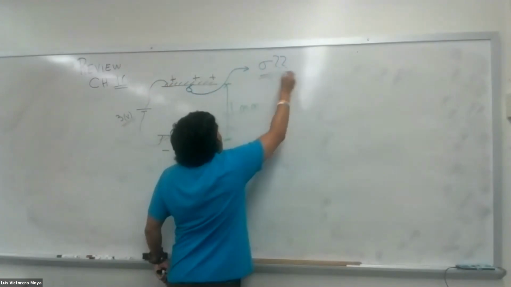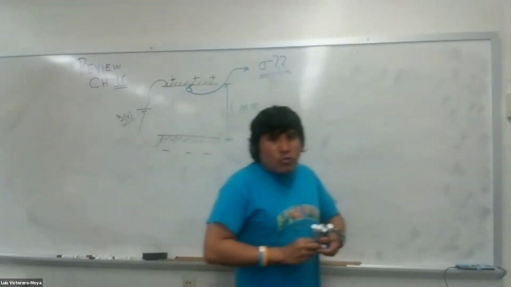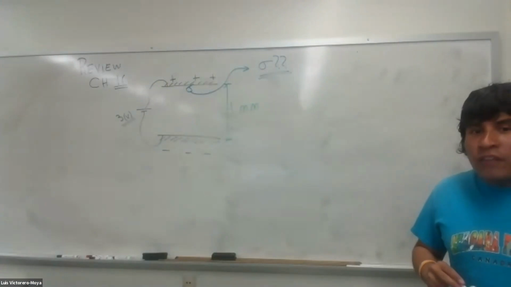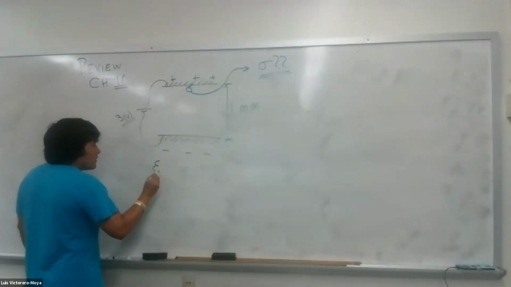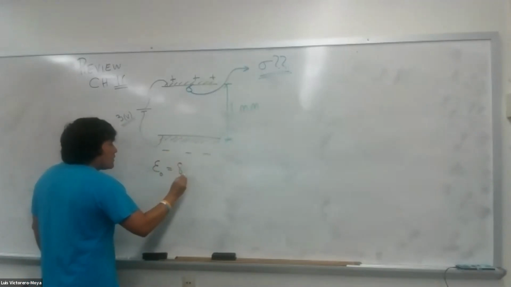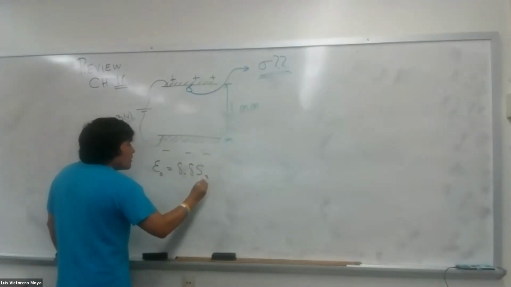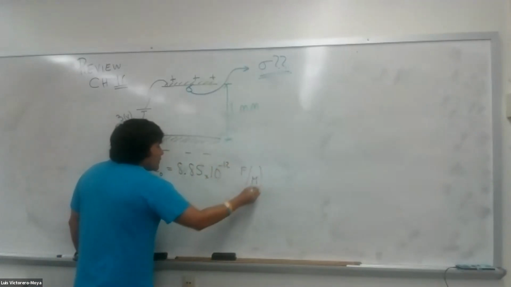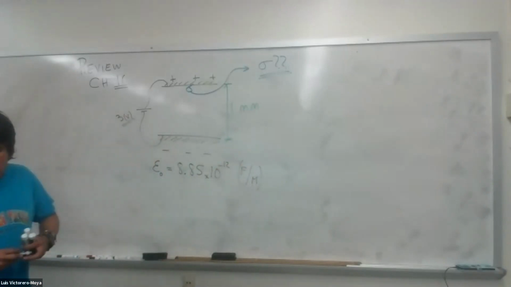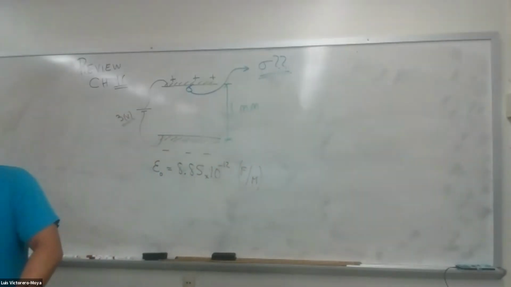We talked about that yesterday, right? How do you find the magnitude of the surface charge density? And then they also give you E naught. So E naught is 8.85 times 10 to the negative 12 farads per meter. How will you do that question like that? Professor, can you repeat the question?